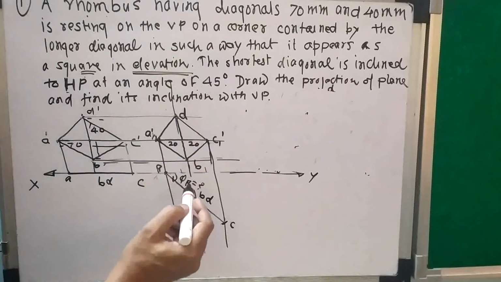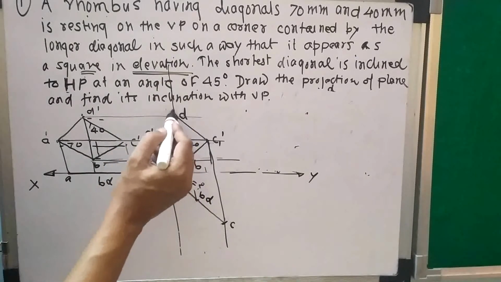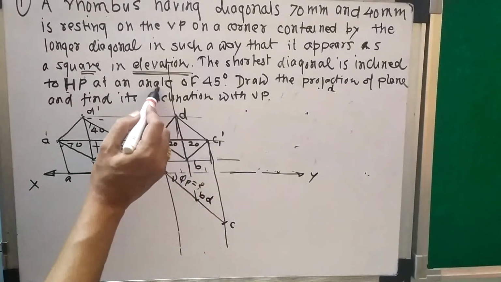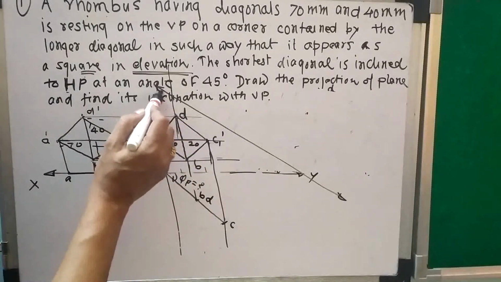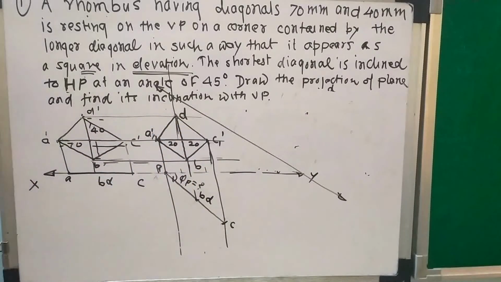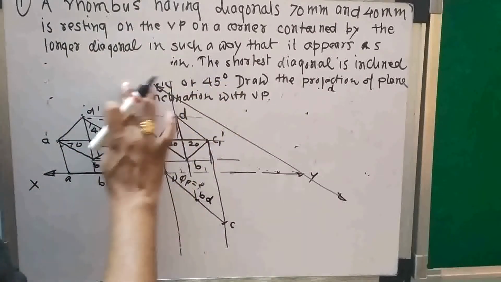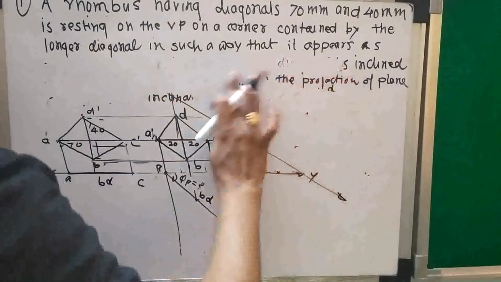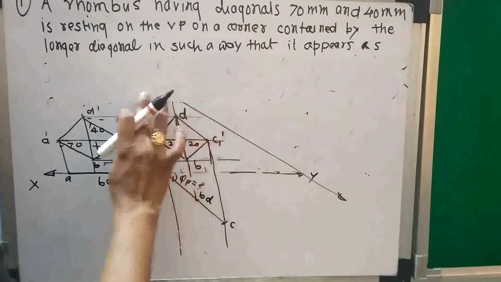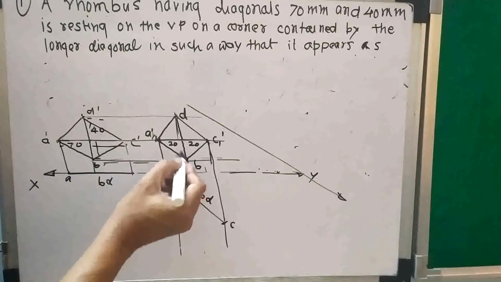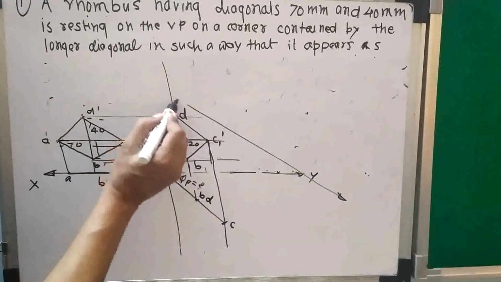I will extend this BD, and to this BD I will take this auxiliary plane inclined. Okay, now I will make a space here. You know the problem.